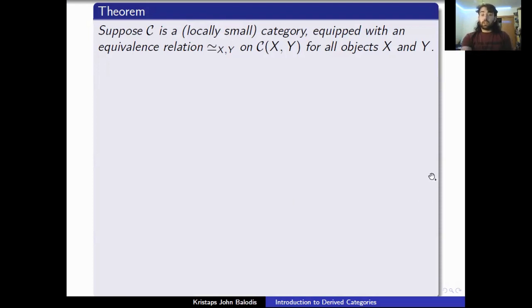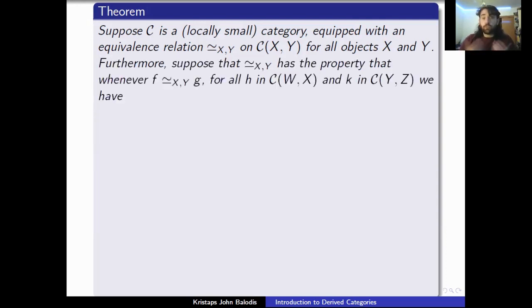So here is a theorem then. We now want to ask ourselves more generally, what does it mean to take the quotient of a category? Suppose C is a locally small category equipped with an equivalence relation for each pair of objects X and Y. Furthermore, we suppose that if we have two morphisms which are related by one of these equivalence relations, then we can both post- and precompose these morphisms.